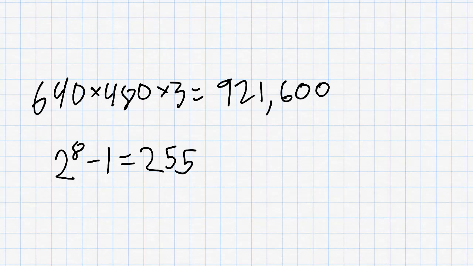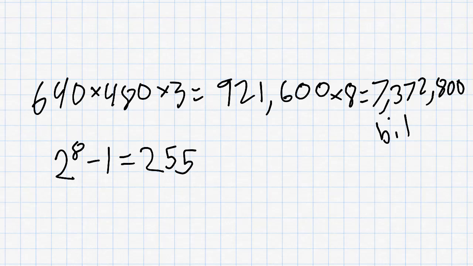So this whole single image is 921,600 times 8 equals 7,372,800 bits of information. That is a lot of information. If we are going to go through this info and find the answer to whatever individual question we are asking, we need to reduce the amount of information.